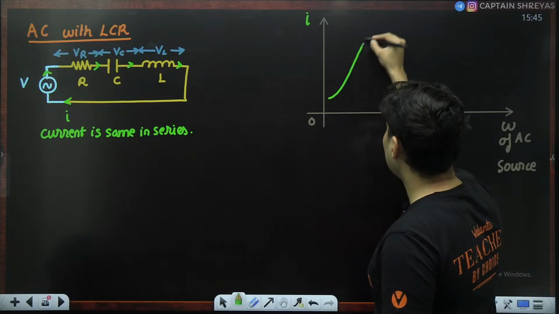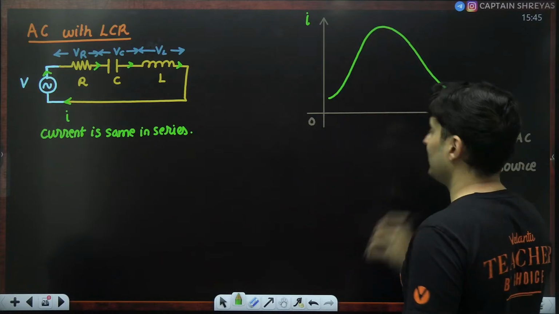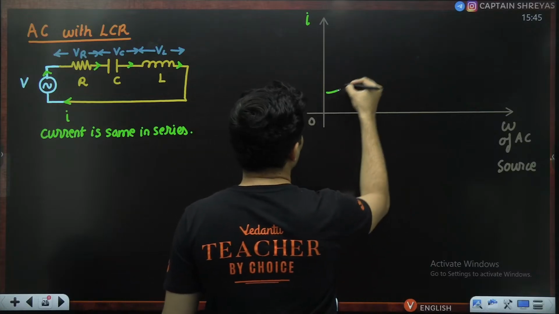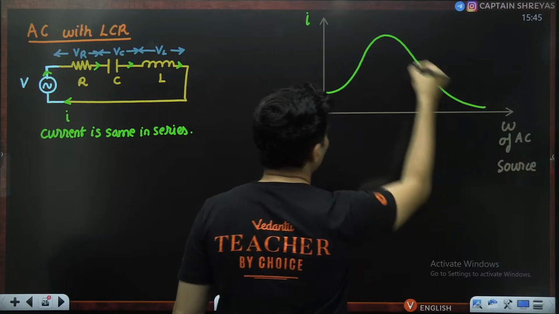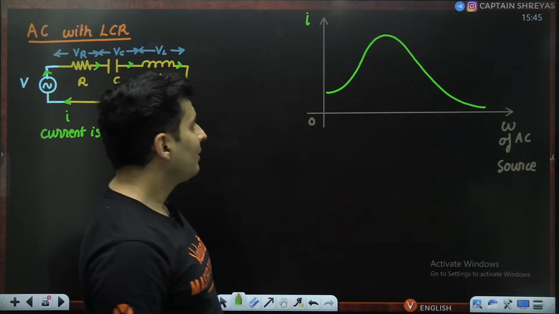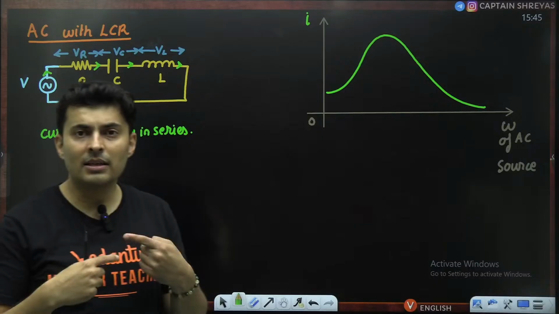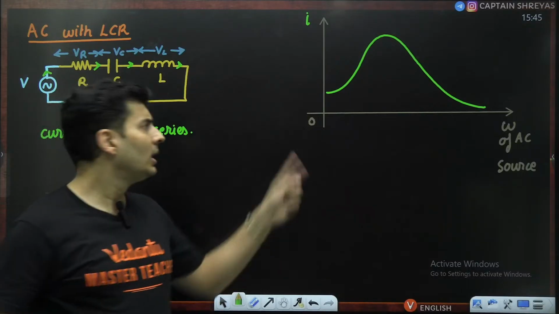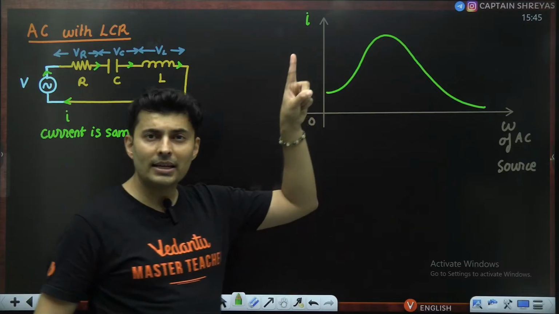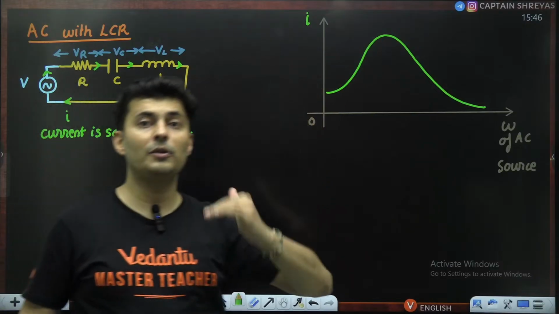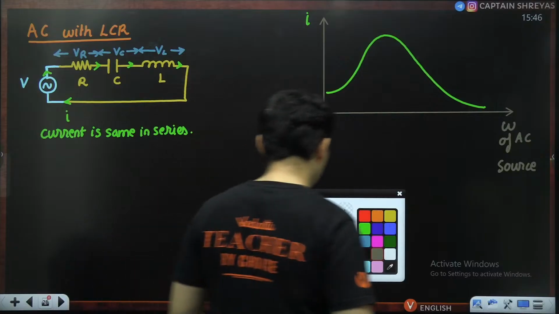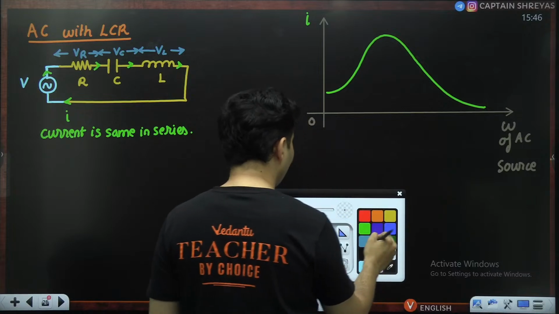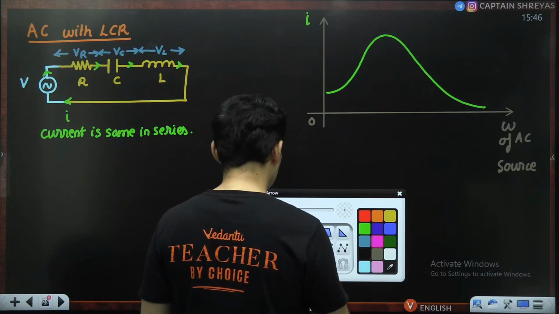That graph goes like this and goes like that. It goes till a maximum value and then starts dropping down. Which means when I change the frequency from a very low value to a slightly higher value, the current in the circuit slowly increases before reaching a maximum and then dropping down. This particular point where it reaches the maximum value is of particular interest to me.